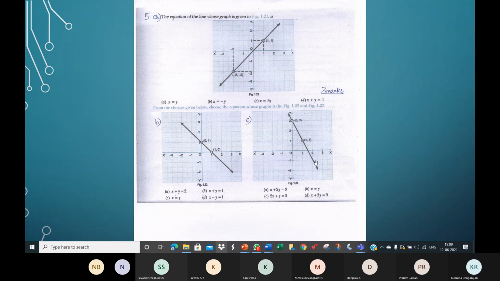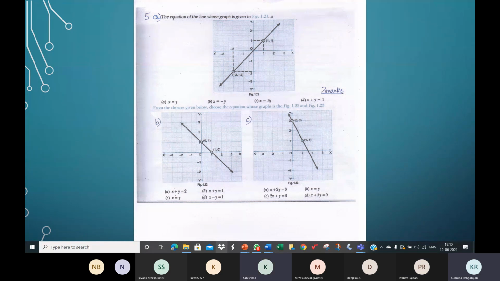Okay. Anybody else? Ma'am, Pranav, ma'am. Yeah, tell me. Because if x is equal to 0, then y must also be 0. Then if x is equal to 1, y must also be 1, ma'am. Correct. It's 0, 3, so x is not equal to y. Correct. And what's the other reason? Why can't it be x equal to y?